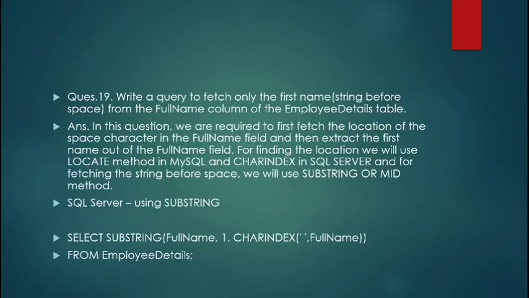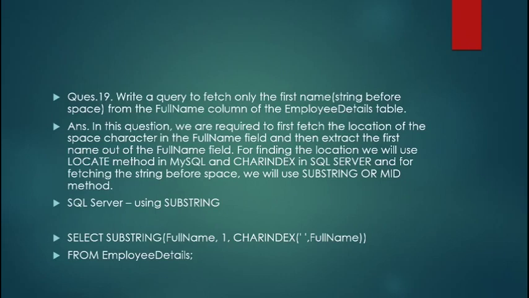Now question 19, write a query to fetch only the first name string before space from the full name column of the employee details table. In this question, we are required to first fetch the location of the space character. For example, if my name is Shashank Kumar, the first space will come after Shashank.